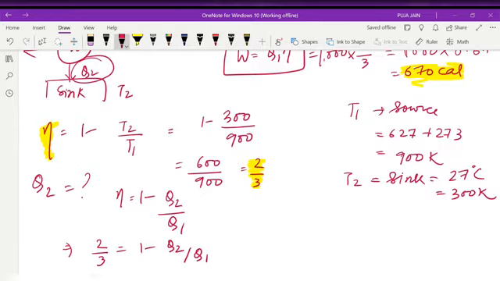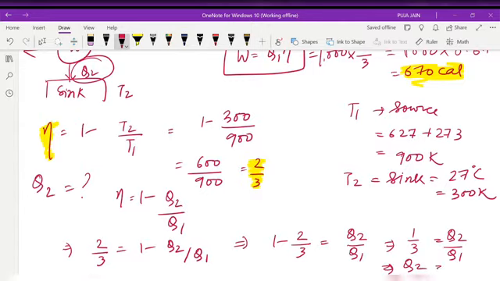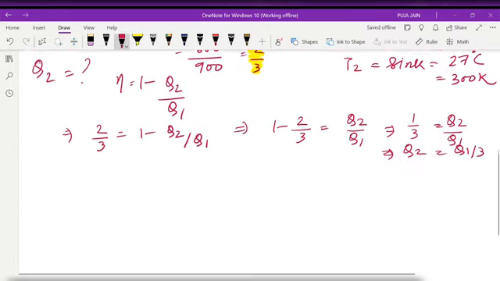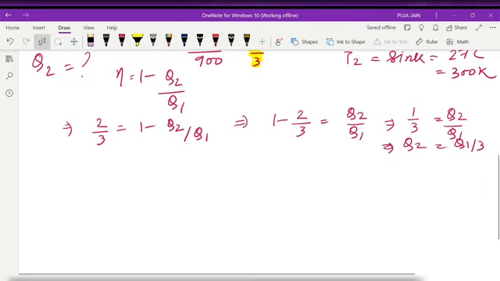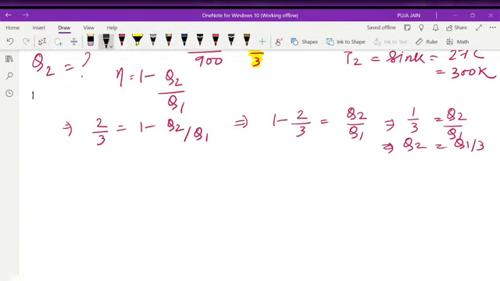Eta is given as 2 by 3, equal to 1 minus Q2 by Q1. There are many formulas for finding Q2. So 1 minus 2 by 3 is equal to Q2 by Q1. This is 1 by 3, that is Q2 by Q1. So Q2 is basically Q1 by 3. This is one process, process number 1.